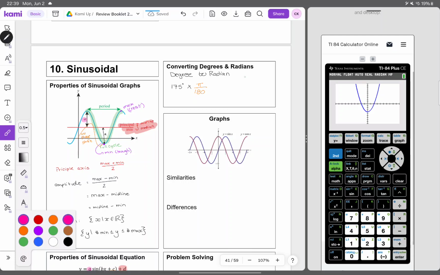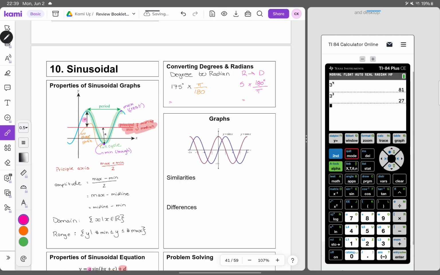If I want to go the other way around, from radians to degrees, so maybe I have 5 radians, I want to end up in degrees. So I'm going to put degrees on top and radians on the bottom. And we would just put that into our calculator. So I would do 175 times, we can use our fraction button, pi on 180.